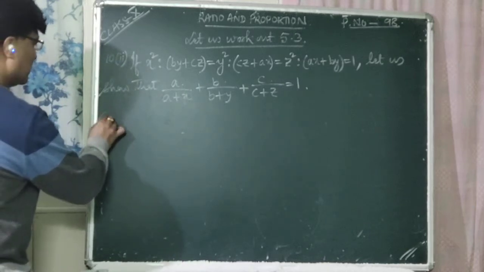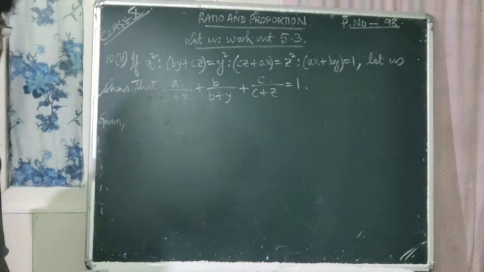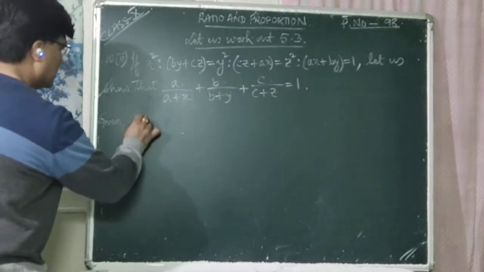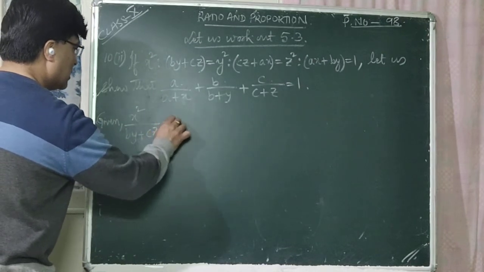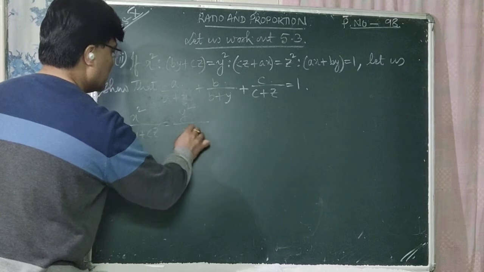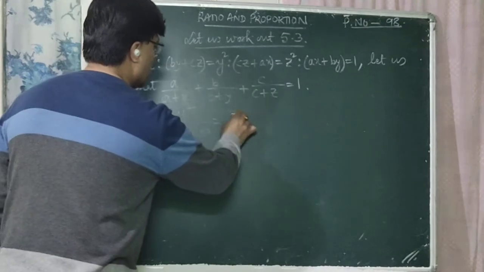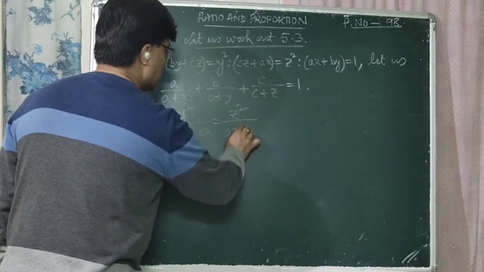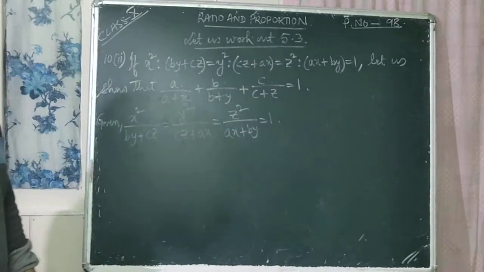So here the given is, so let us write down that ratio in terms of fraction. That is x square upon by plus cz, first ratio, is equal to y square divided by cz plus ax is equal to z square divided by ax plus by, which is equal to 1, right?